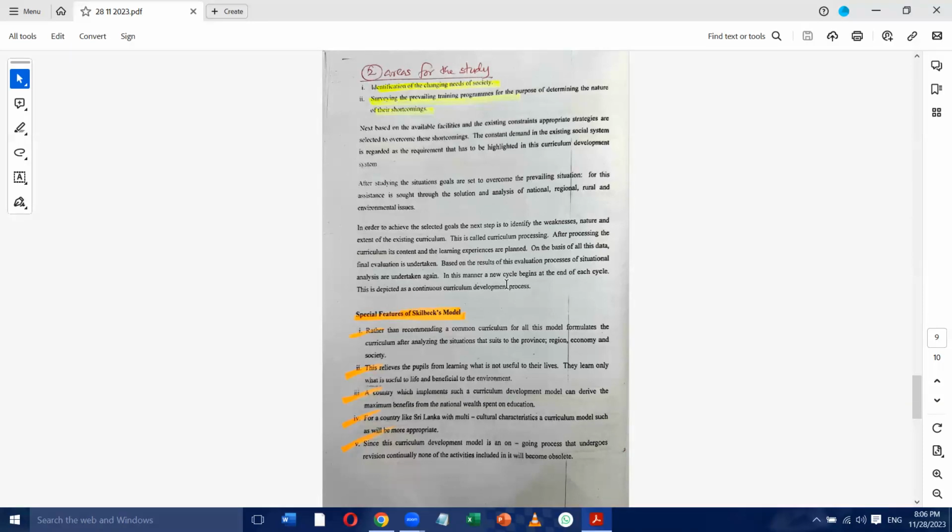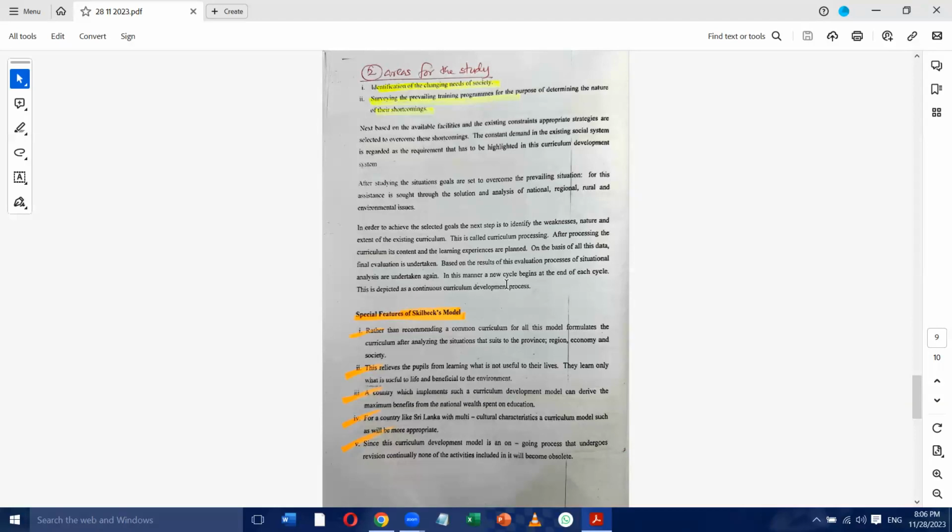A country which implements such a curriculum development model can derive the maximum benefits from the national wealth spent on education, because even in our country, as well as some others, we are spending a lot from our annual budget or annual allocation on the education sector. But how is the harvest of that going to be?